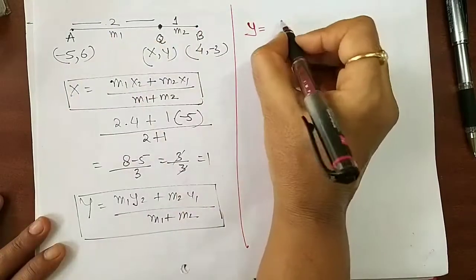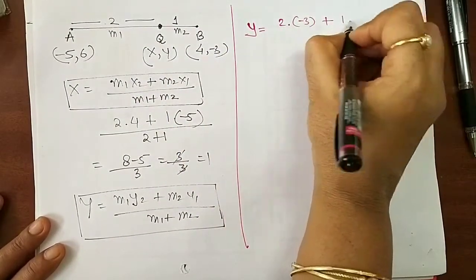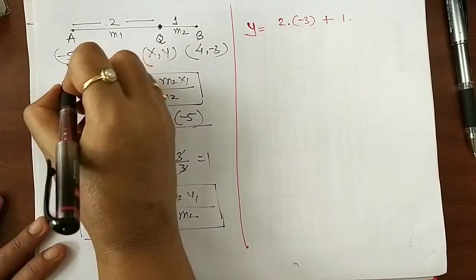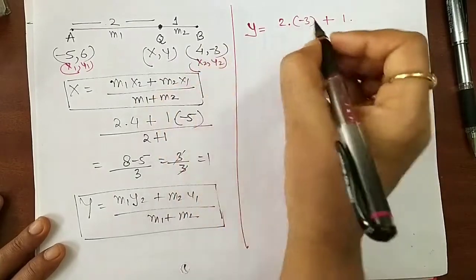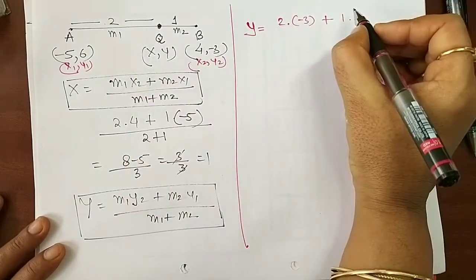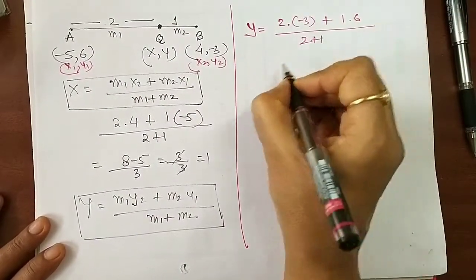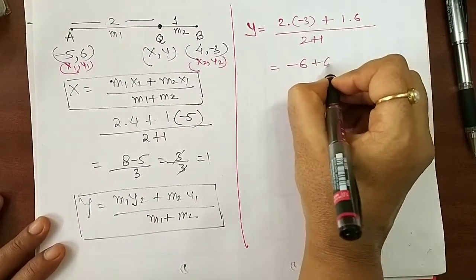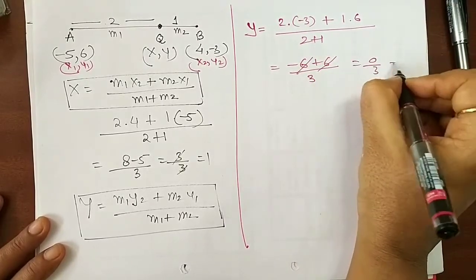M1 is 2, y2 is minus 3, plus 1 into y1. See, I am using this as x1 y1 and x2 y2. I think you know that, right? So this is M2 y1, which is 6, by 2 plus 1, which is minus 6 plus 6 by 3, which is cancelling. 0 by 3 is 0.